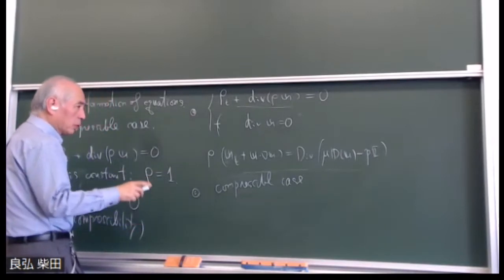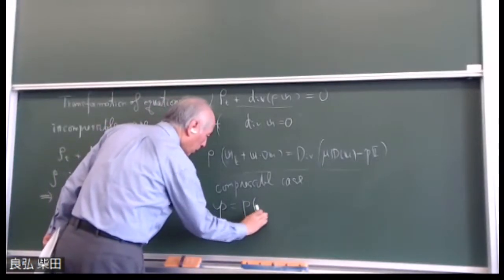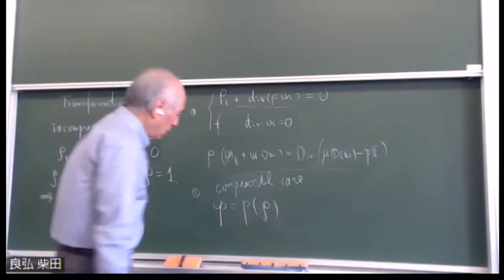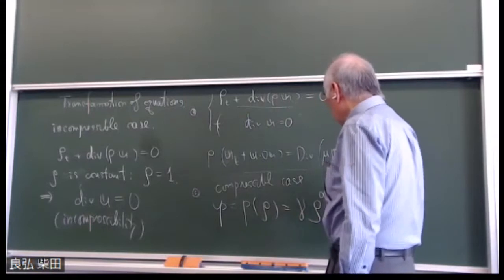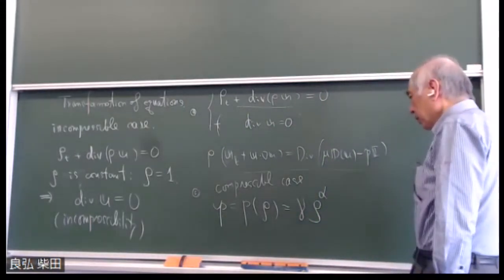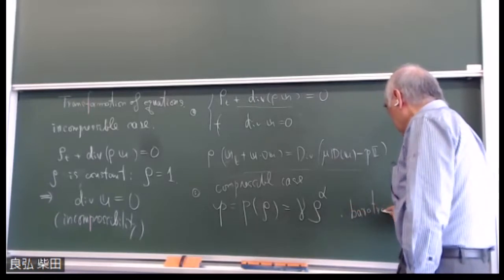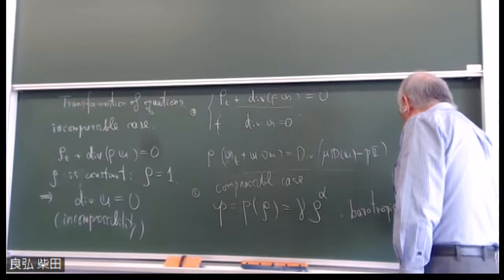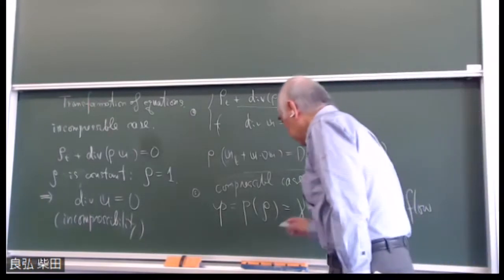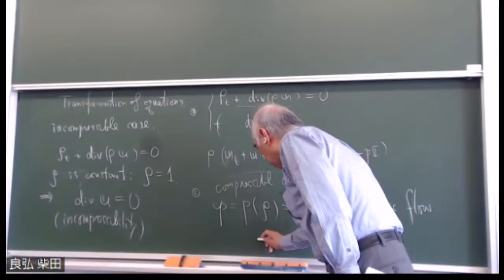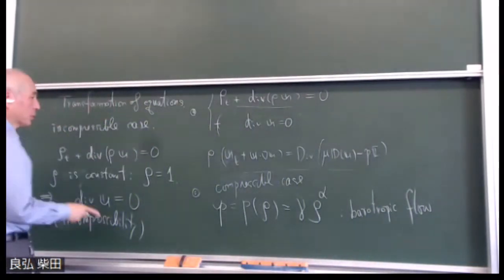In the compressible case, usually we assume that the pressure P depends on rho, for example, a constant times rho to the gamma. This is barotropic. This comes from the number of unknowns being one more compared with the equations.